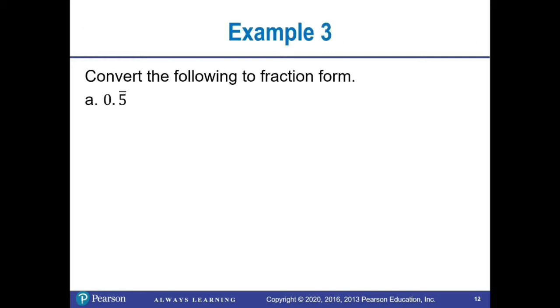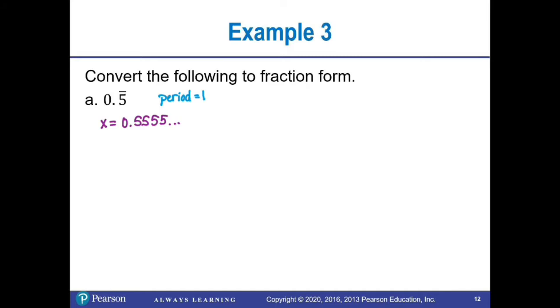Here's how this works. In example 3, in part A, we're going to convert 0.5 repeating to fraction form. So I let x be 0.5555555 and so on. Our period here is 1 because we only have one digit that repeats.